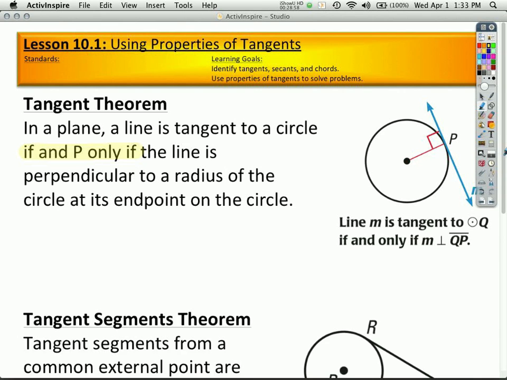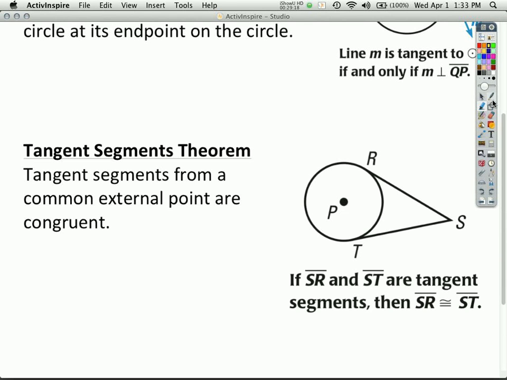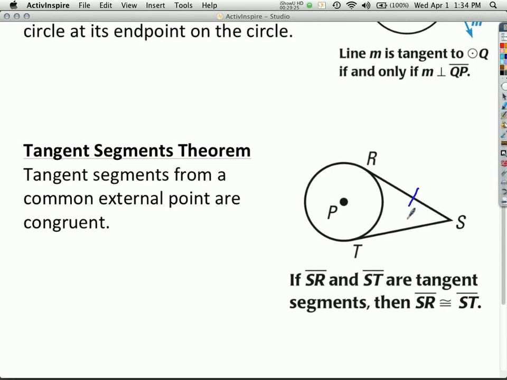The second one is the tangent segments theorem. And it states that if you have two tangents of the same circle connecting at the same common point, then the two tangents are congruent. So in this diagram, it's written out for you here in words, but we can say that that is congruent to that.